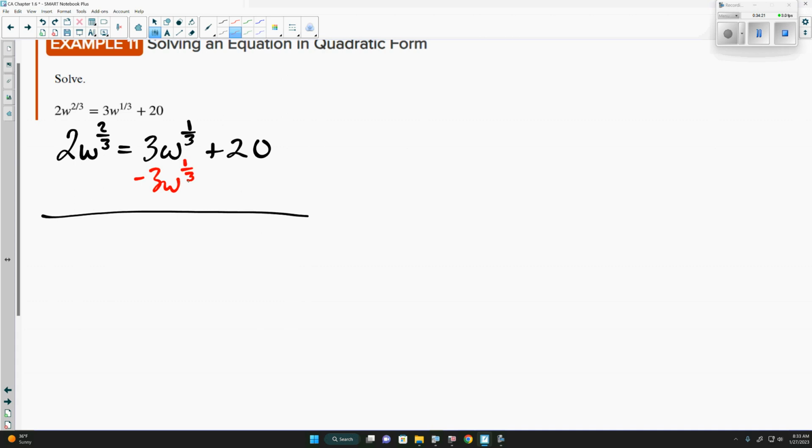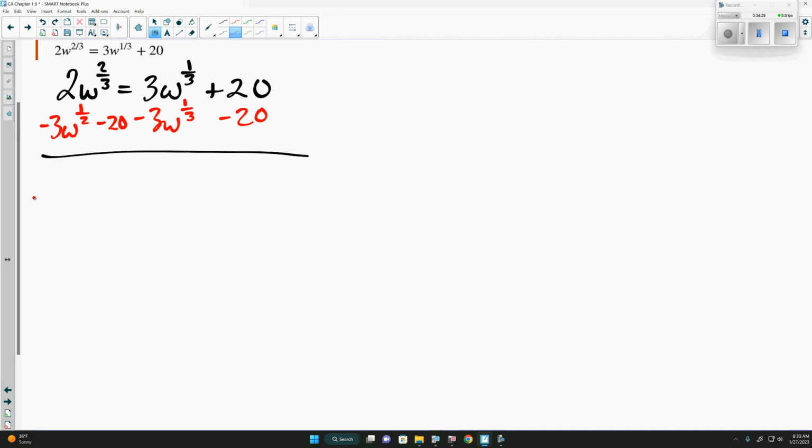So we can minus 3w to the 1/3. We can also minus 20. And if we minus both of these here, we get 2w to the 2/3 minus 3w to the 1/3 minus 20 is equal to 0.